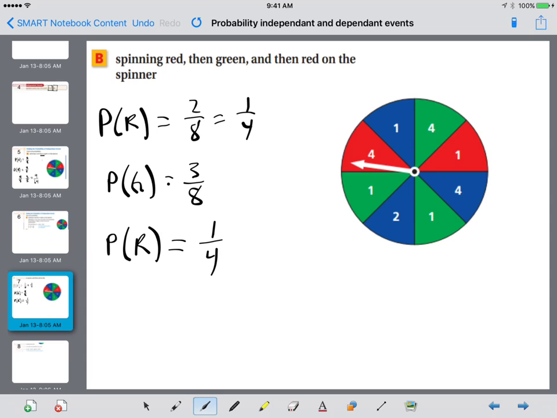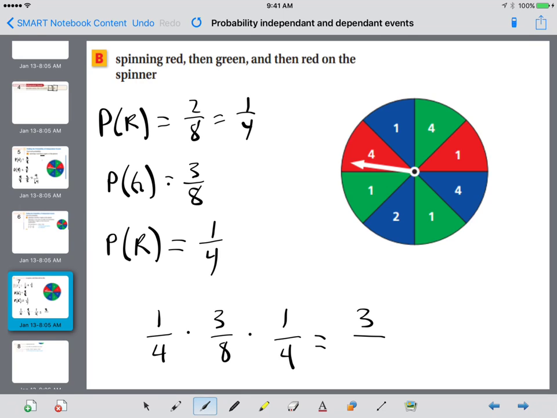So these are 3 different events. We're going to multiply them together to figure out what's the probability of all 3 of these things happening. So spinning a red, we get 1 out of 4. Spinning a green, 3 out of 8. And spinning another red on the third spin would be 1 out of 4. So we multiply across the top, we have 3 on top.